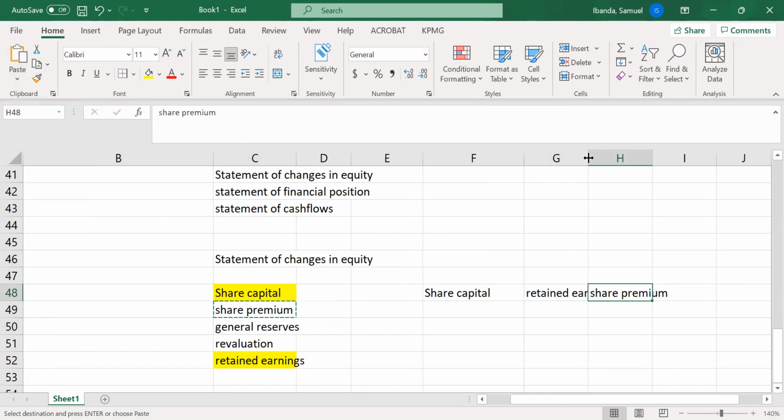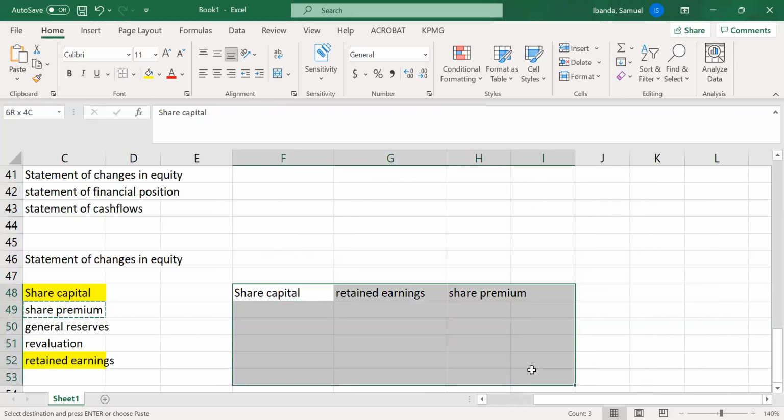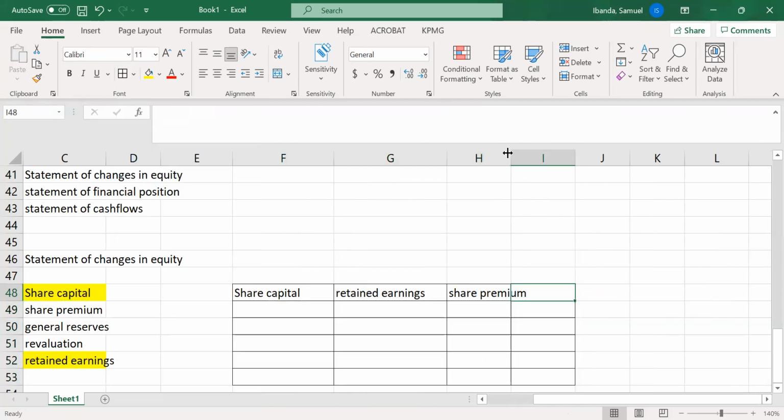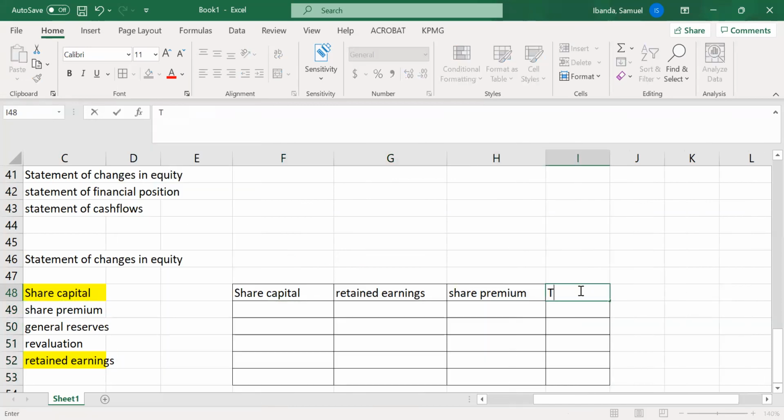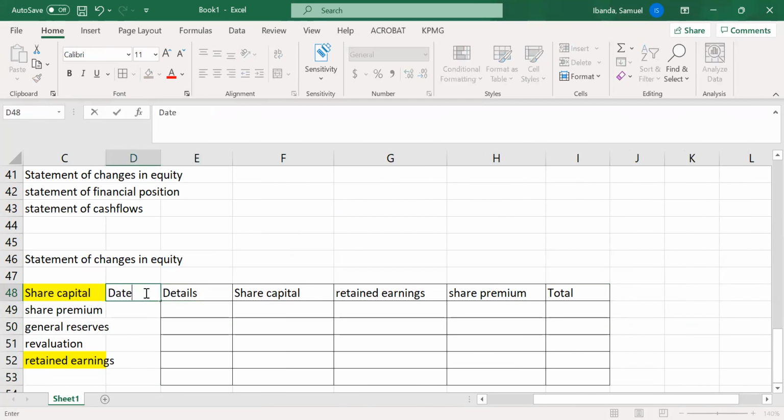If this is the information we have been provided, then these will be our columns. Usually we also add total here, and here we usually include the details. Sometimes we can have the debt here.